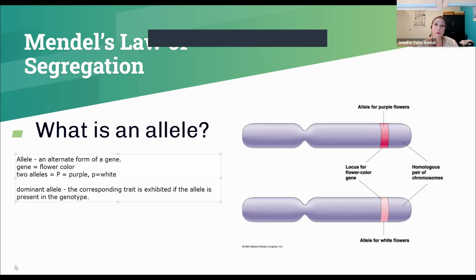So I wrote here the corresponding trait. In this case, it would be purple flowers, is exhibited if the allele is present in the genotype. Now, in contrast to that, the recessive allele means that the trait that it codes for, in this case, white flowers, is only exhibited if the individual is homozygous for that allele.